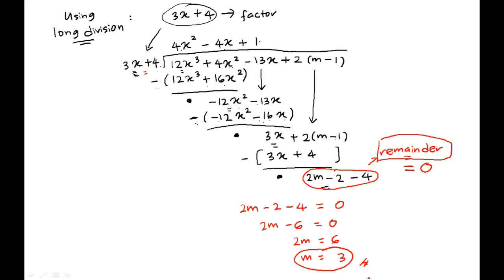You can try another method, for example, you can use compare coefficient. Method yang sama kita akan guna dekat example 5 after this. So you can discover the other method, but for me I will show you only one method, which is by using long division.